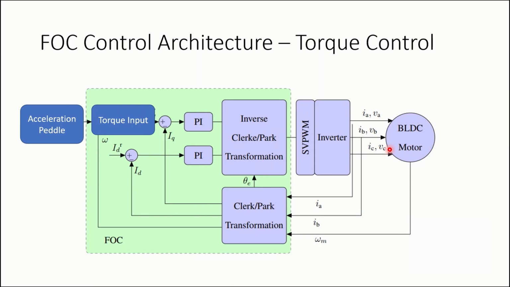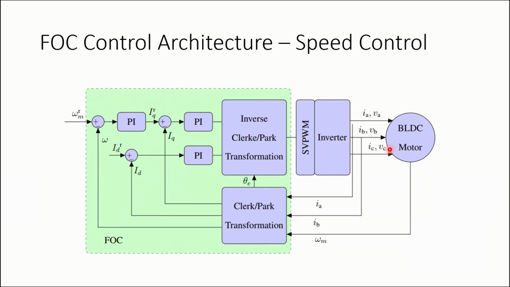In torque control mode, as we've seen, most of the EVs which are controlled manually, with acceleration pedal and throttle, are always in torque control mode. They receive inputs from the acceleration pedal, and then the further processing happens just as we discussed. So it receives the torque reference.